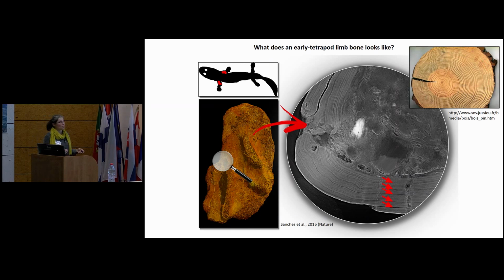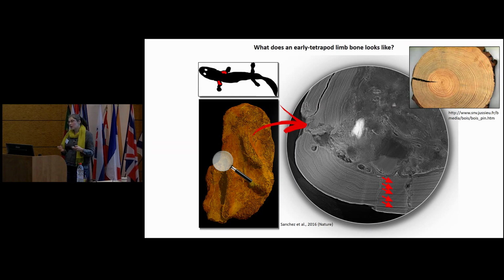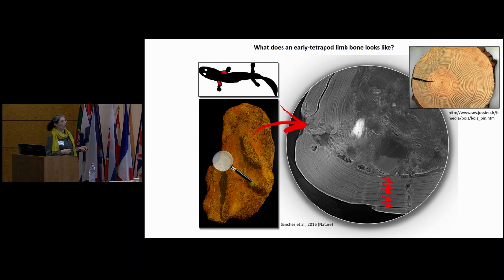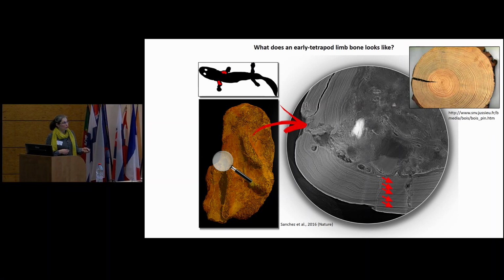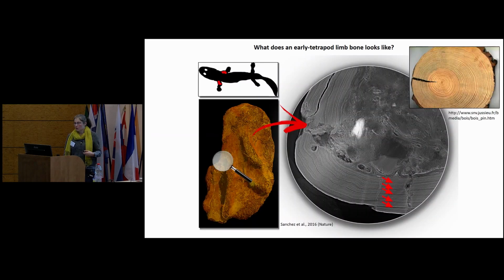So we found 6 rings, and they have exactly the same meaning as rings in trees. And for that reason, we were able to say that this animal was at least 6 years old, but because we were able to see some remnants of the cartilage at the surface of the bone, we knew that before it was able to deposit the bone, it had to produce this very big cartilaginous rod. So we suspect it was probably more of a 10 years old animal.